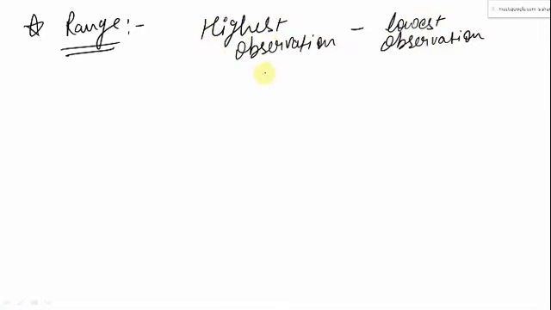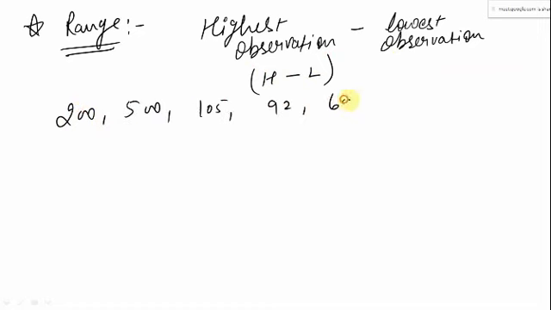So it is called H minus L, right? That is the range. Suppose I have given 200, 500, 105, 92, 600, 780, 21. What will be the range of this data?